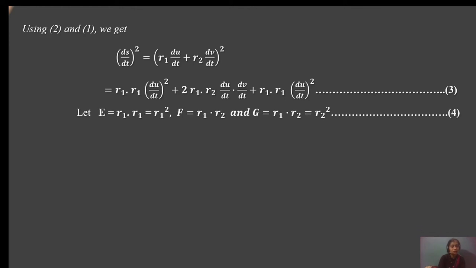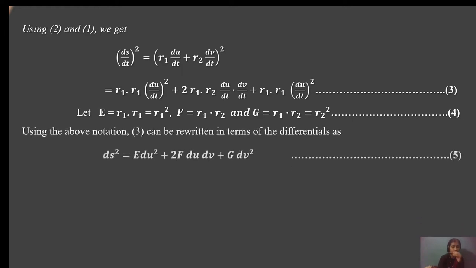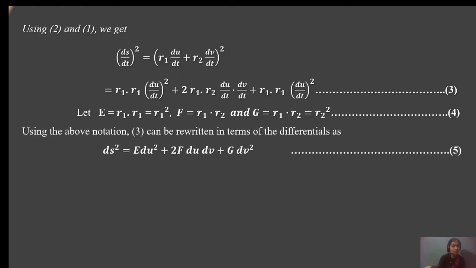Let E equals r1 into r1, that is r1 square, F equals r1 into r2, and G equals r2 into r2, that is r2 square. Putting the equation in terms of differentials, ds square equals E du square plus 2F du dv plus G dv square.